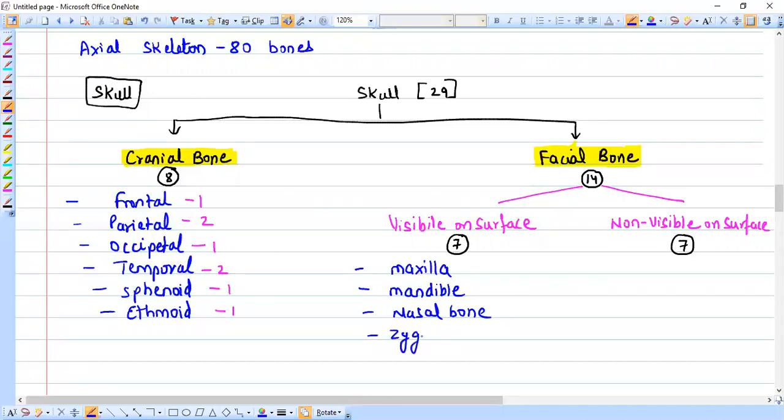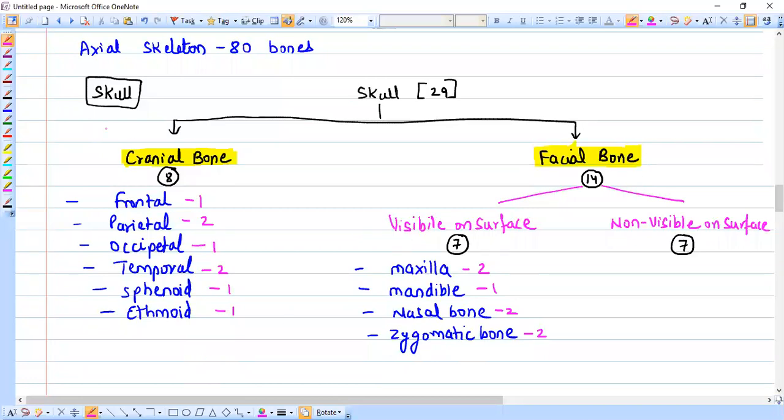If you touch your cheek and you can feel a bone, then it is the zygomatic bone. So these are all visible bones. How many maxilla? We have 2, because on the upper lip you can see one depression. That depression indicates that there are 2 parts of maxilla. How many mandible? 1, nasal bone 2, zygomatic bone 2. So these are all visible on the surface.